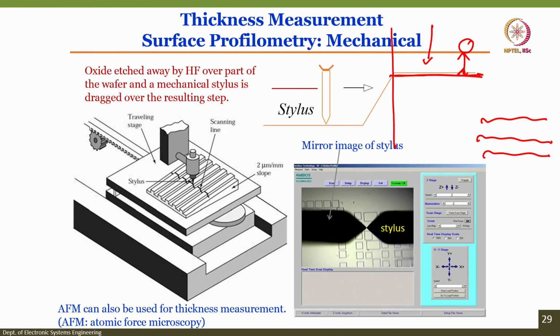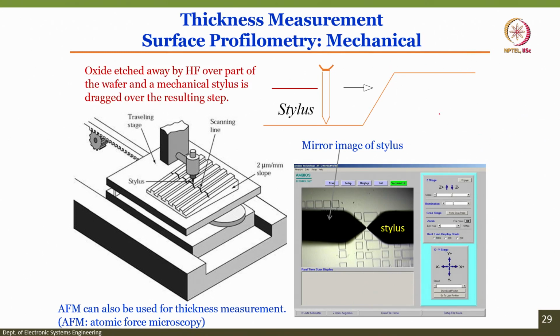So, in a silicon wafer, if you want to fabricate a cantilever, you can form a cantilever like this, with a tip like this.